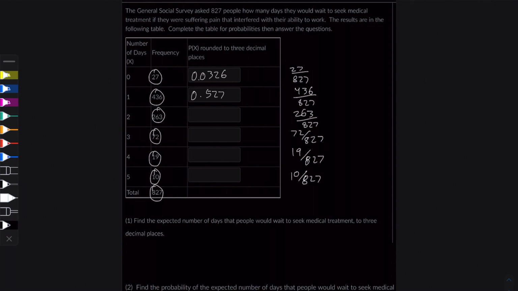And then we have 0.318 for 2, and then we have 0.087, 0.0230 for 4. And for 5, we have 0.0121. So those are our probabilities there.